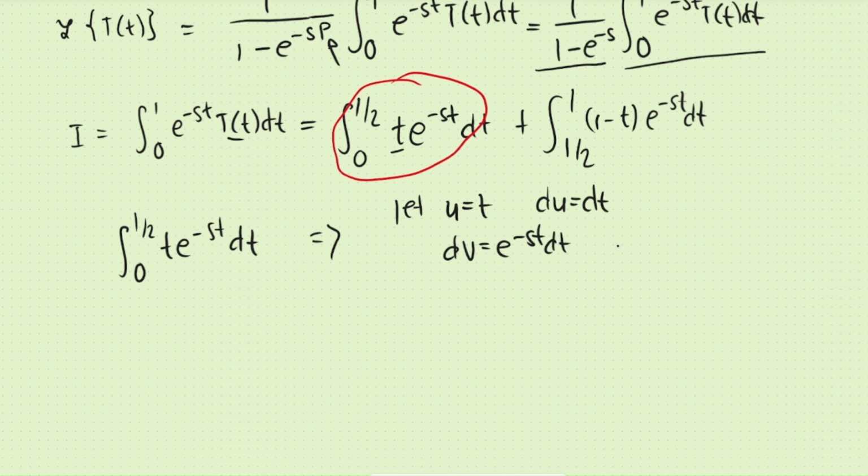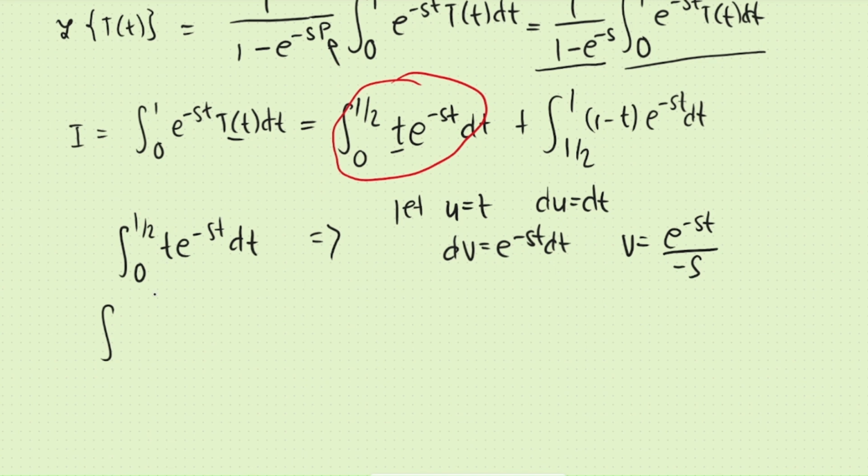So integrating both sides, we will have our v as e to the negative st over negative s. If you don't know how this works, go watch my other videos because I've explained integration by parts, but I'm not going to get into details here.